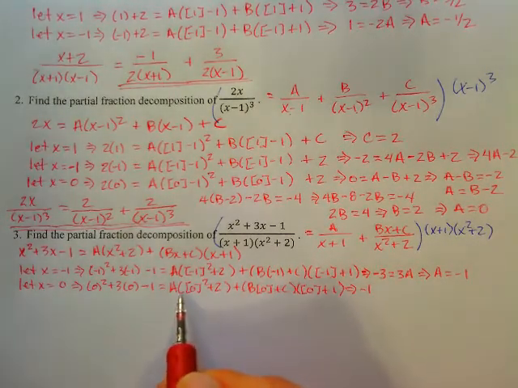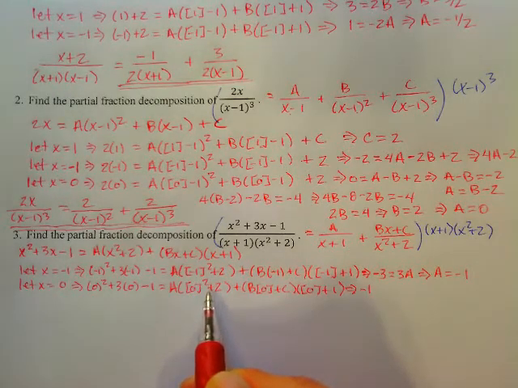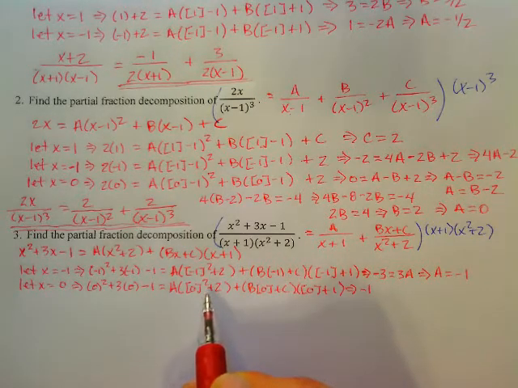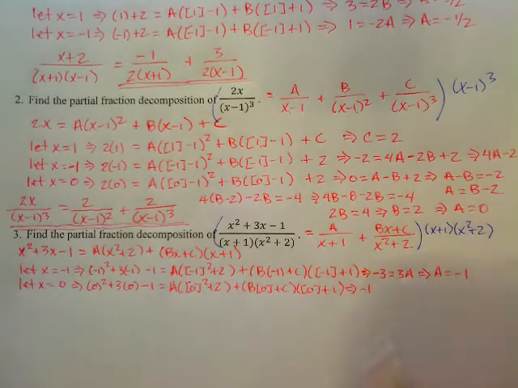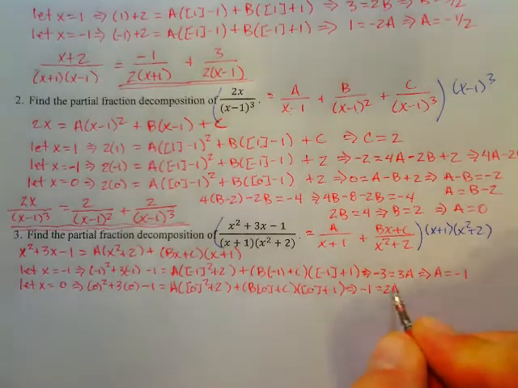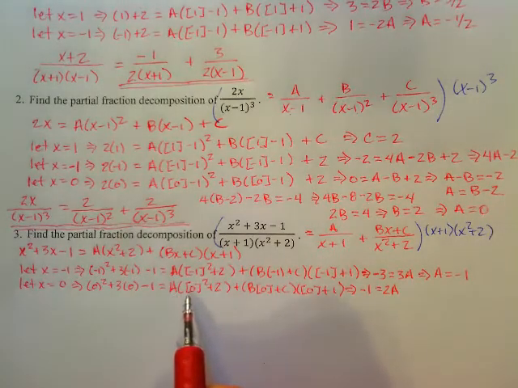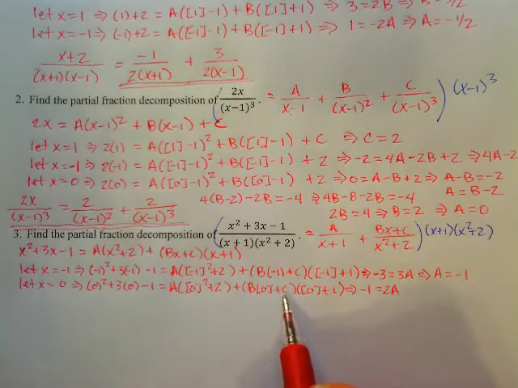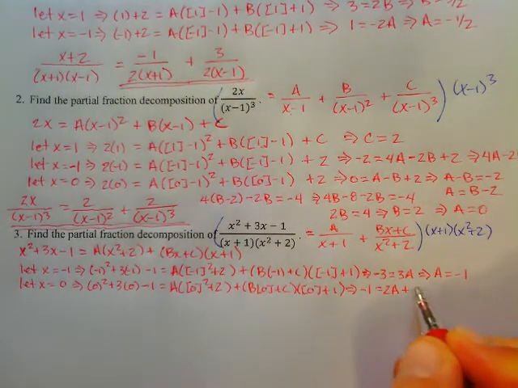And this part here, let's see, what am I going to get? I'm going to get 0 plus 2 times a. And the b will be gone, but I'll have c times 1. So I'm going to have that.